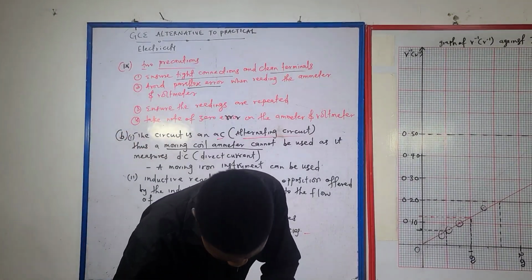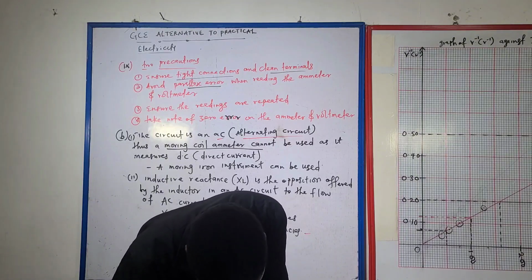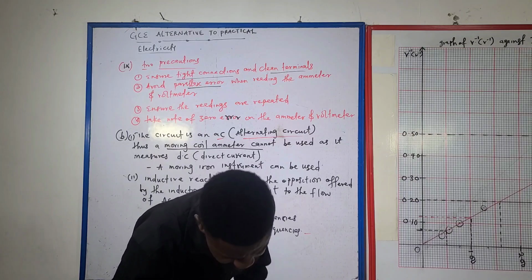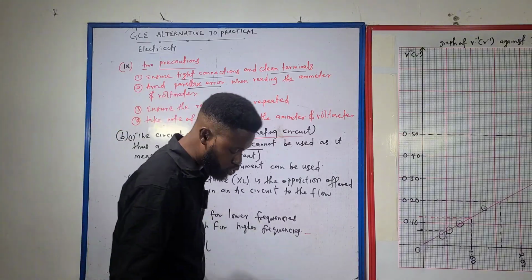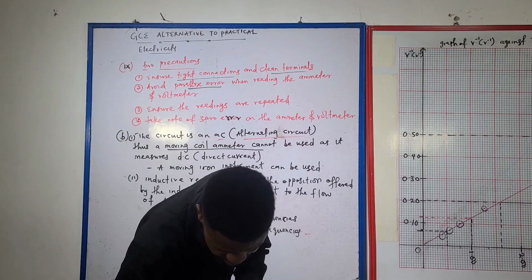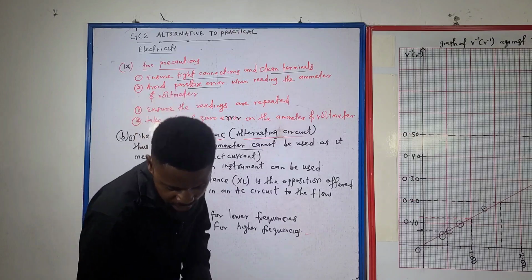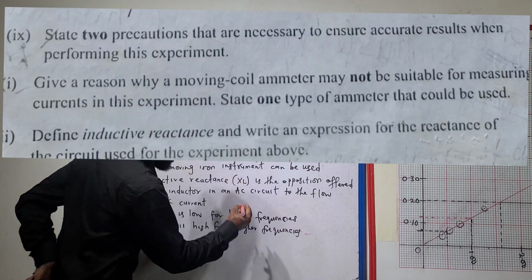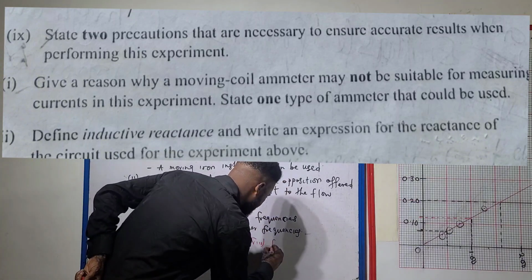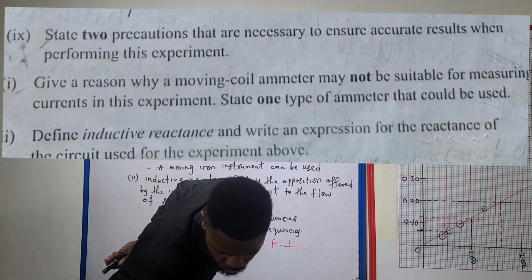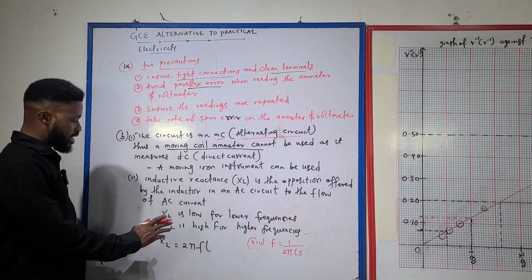Also in this question B2, we were told to write an expression for the reactance of the circuit. Now this is the expression: XL equals 2 pi FL. Recall how this works in question VII. In question VII, we were given an expression for the frequency: F equals 1 over 2 pi root LC. We're given an expression like this.